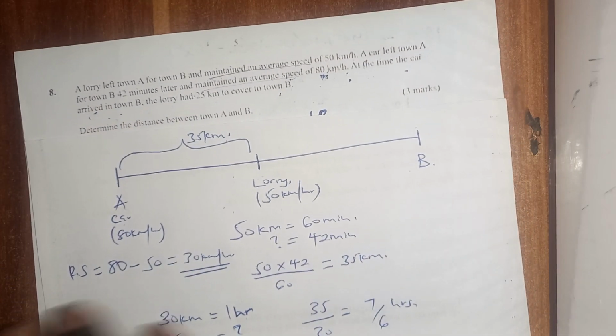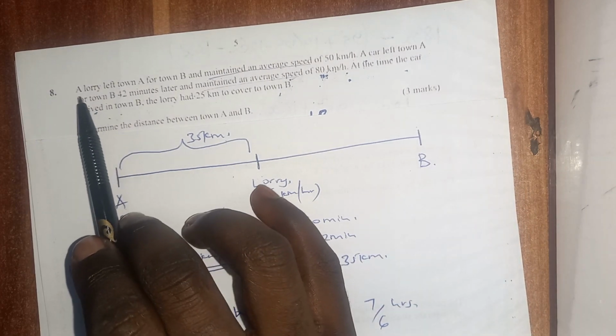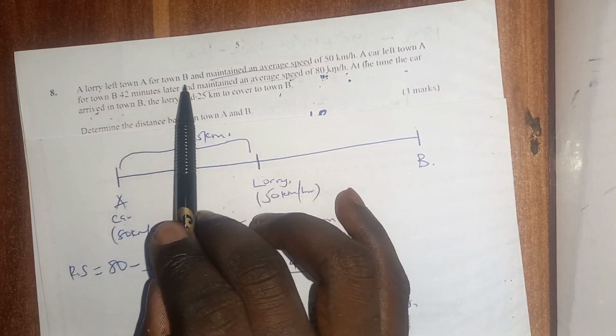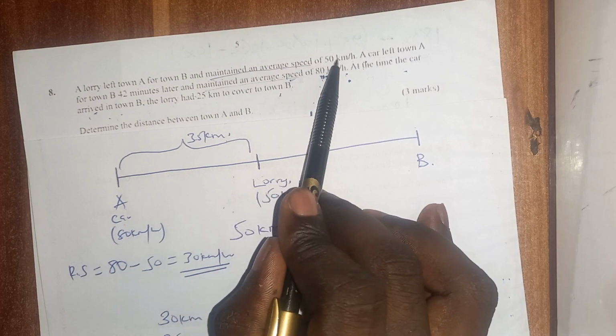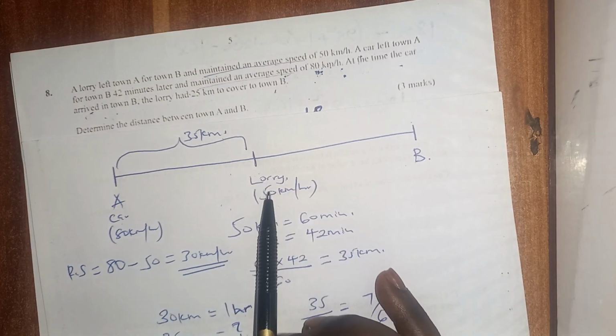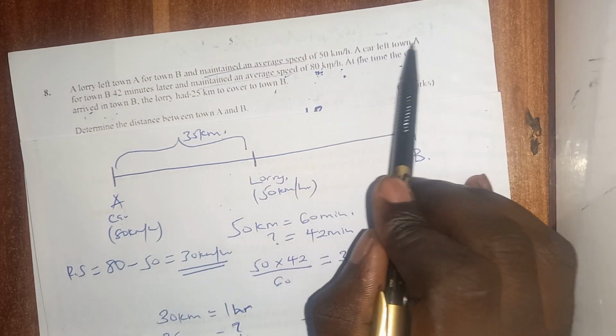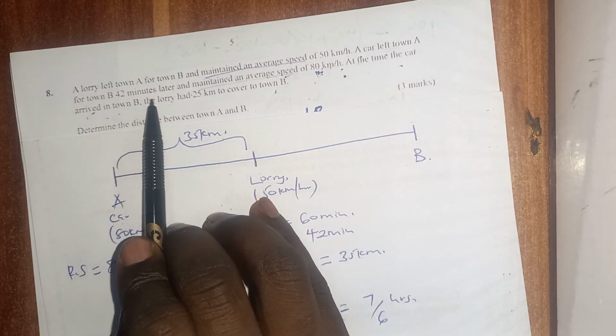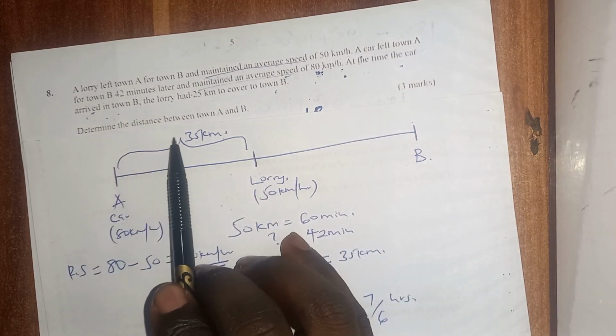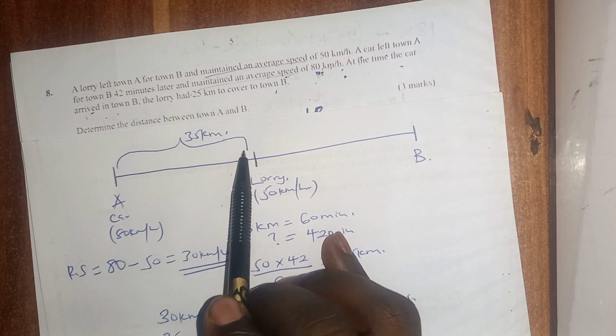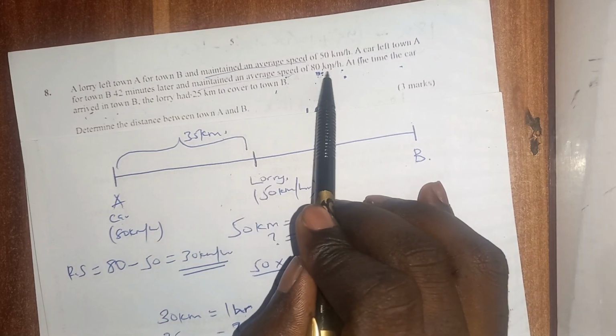Now let's read the whole question again. It says a lorry left town A for town B and maintained an average speed of 50 kilometers per hour. A car left town A for town B 42 minutes later, meaning the lorry had already covered 35 kilometers, right? And maintained an average speed of 80 kilometers per hour.